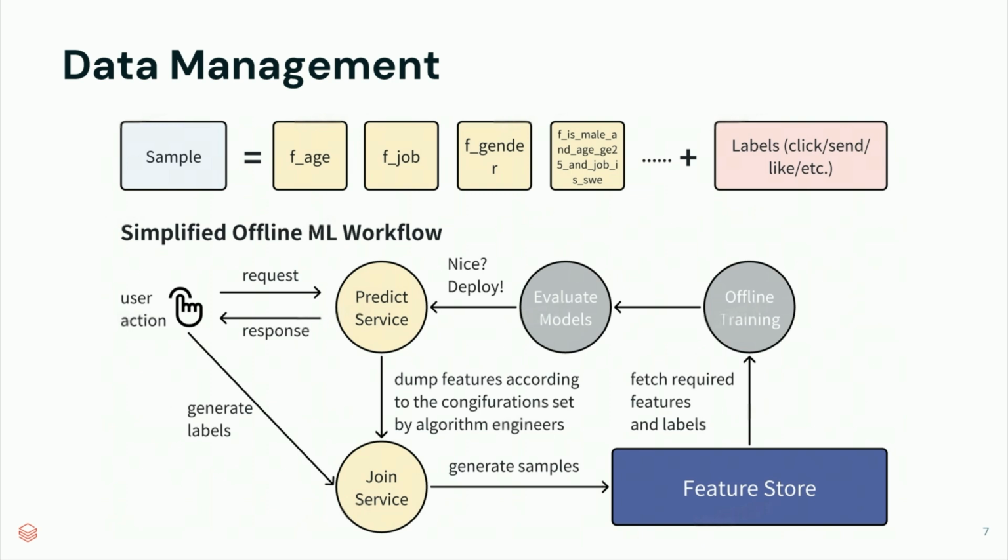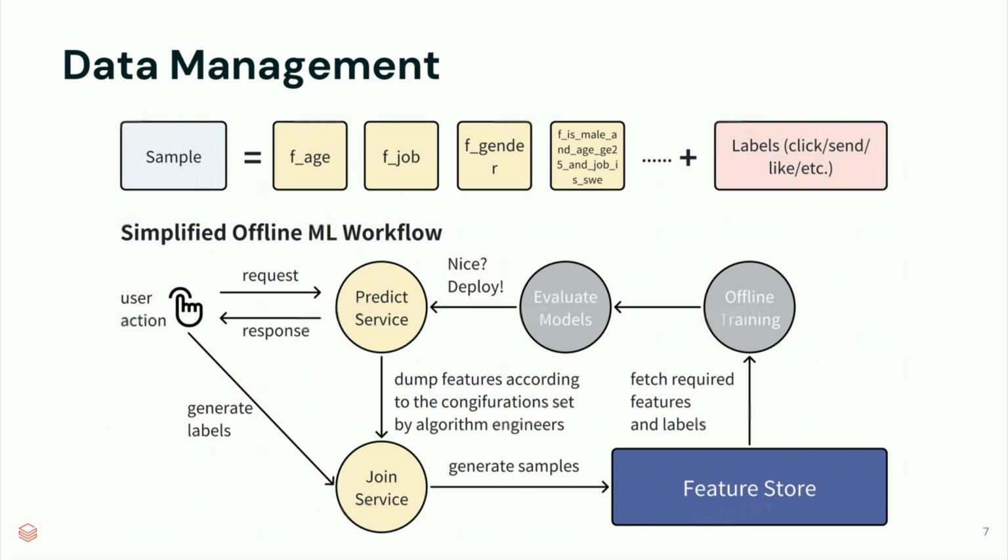So here is a simplified offline machine learning workflow for a prediction system, which is extensively used in many of our businesses like recommendation, advertising and searching. A user action will request the predict service for some results, like a rank list of some content, and it will generate the labels of this request.